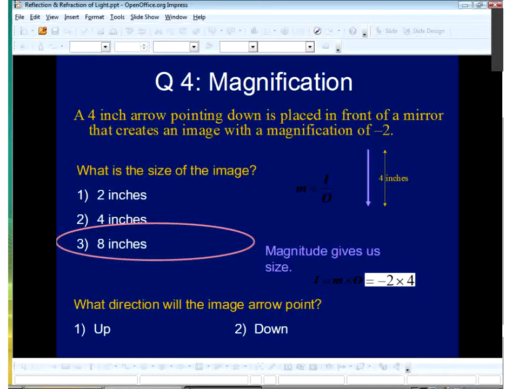What direction will the image arrow point? Up or down? Okay. Any questions regarding this? Let me know.